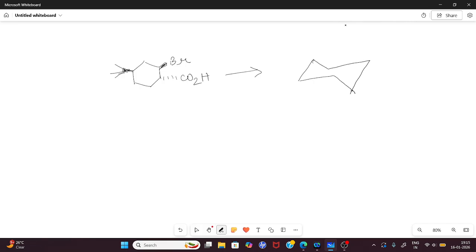You can say that your bromine is sitting above, and this carboxylic acid, which was initially above the plane, is now sitting below the plane, and this hydrogen, or this proton, is now here. As you can clearly see, there is one particular change: in the anti-parallel position, the carboxylic acid group lies instead of the proton.